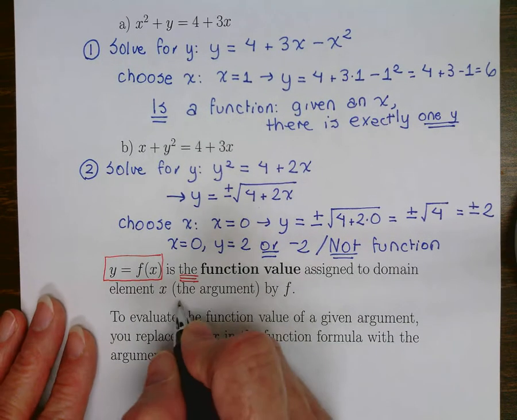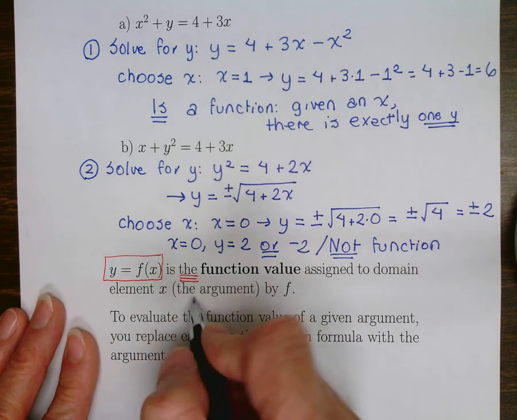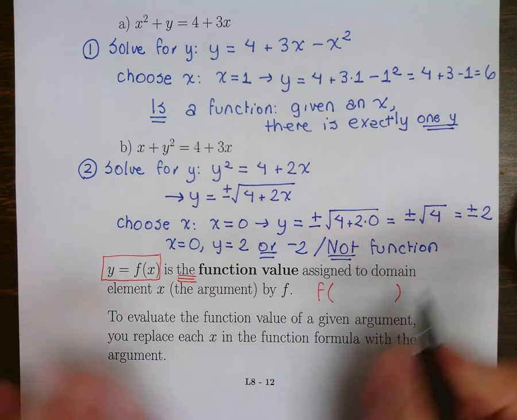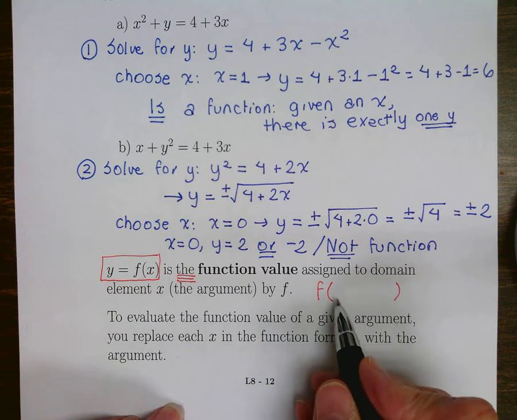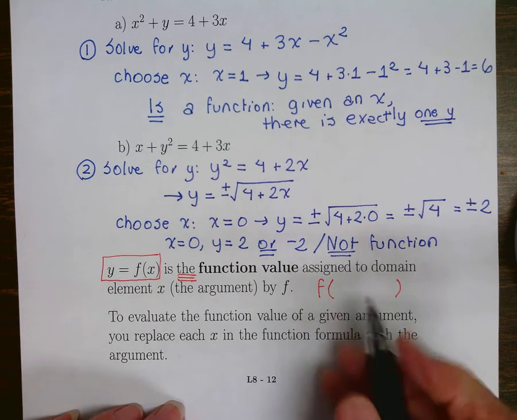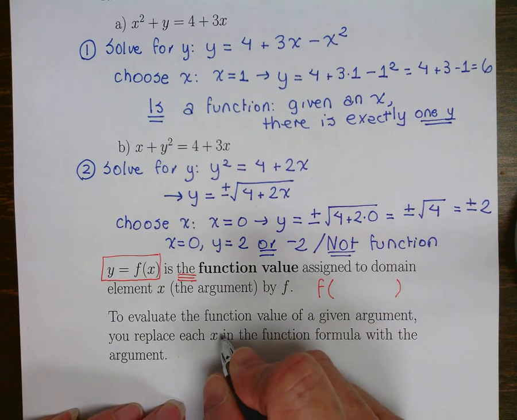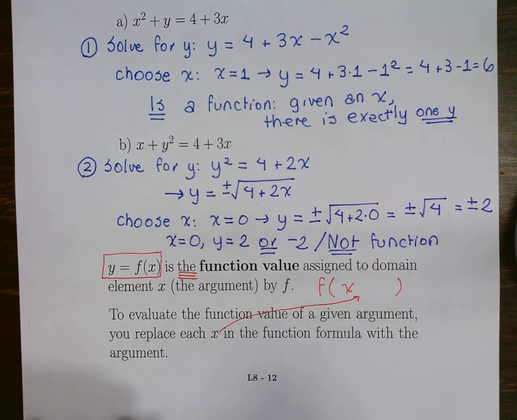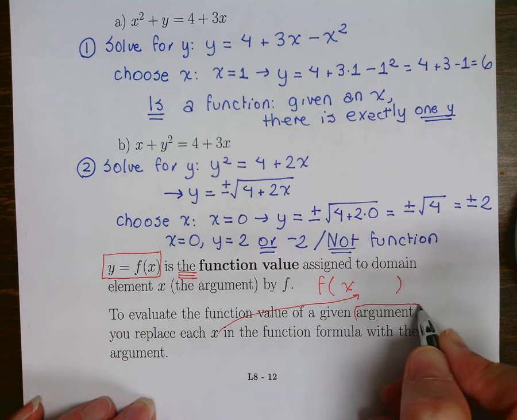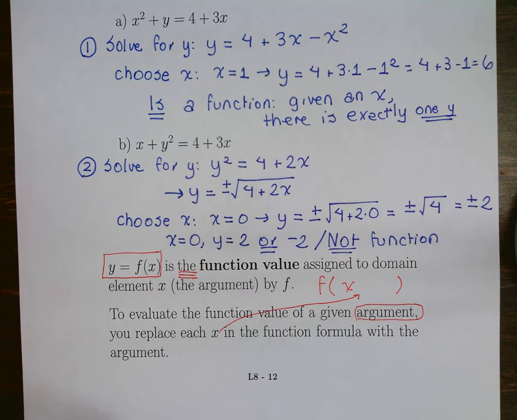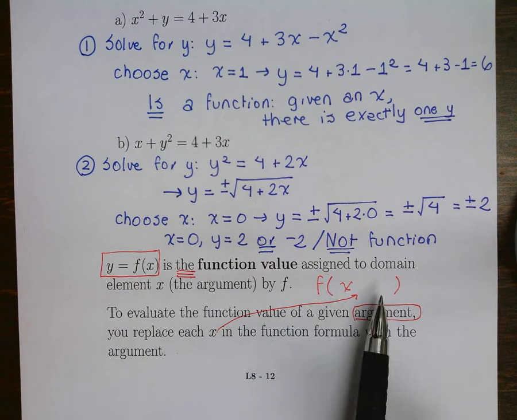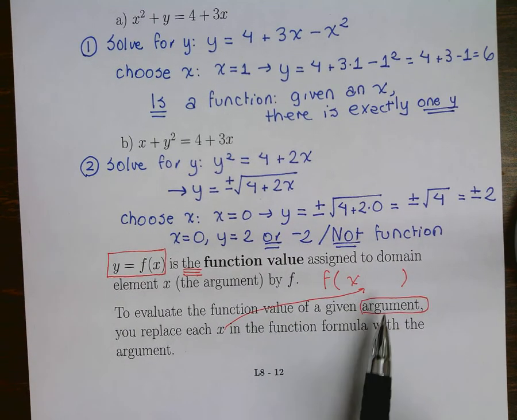Now we're going to introduce a new terminology here. The argument is what's inside of the parentheses here, what you're taking f of. Okay? So this is the argument. Okay, and that is what we call the argument of the function. And once we choose the argument, we evaluate the function by replacing every x by that specific argument.